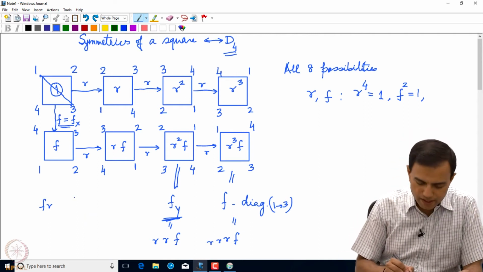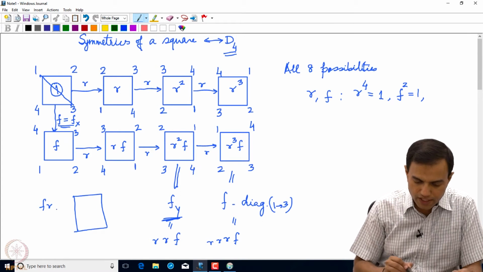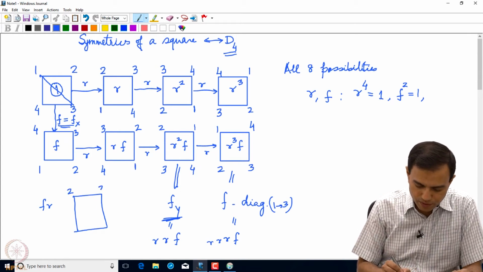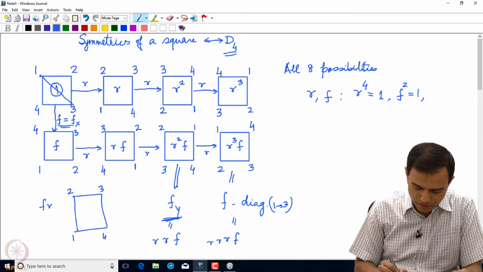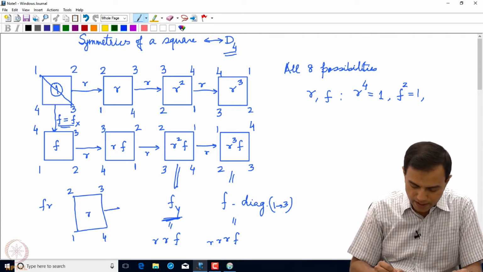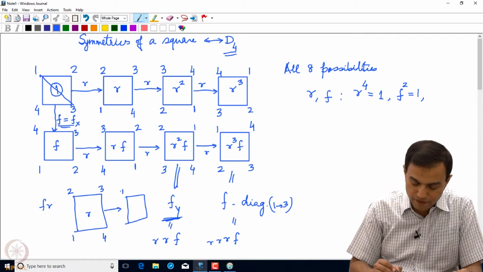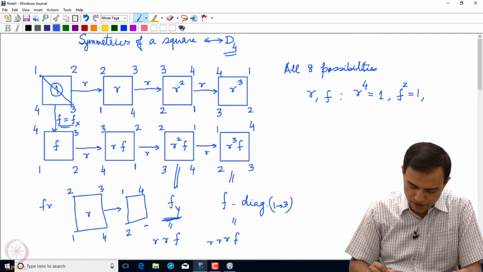So you have fr here. So first I'll write what r is doing. R is doing 2, 3, 1, 4. That is r, you see. And then I am doing f. What is that? Flipping about the x-axis. So 1, 4 here and 2, 3 here.